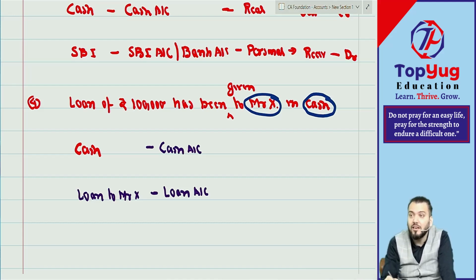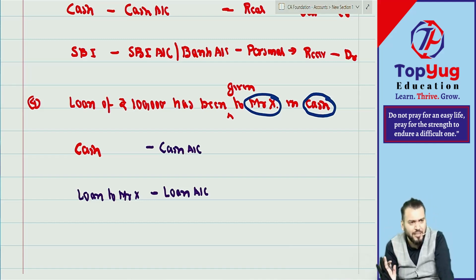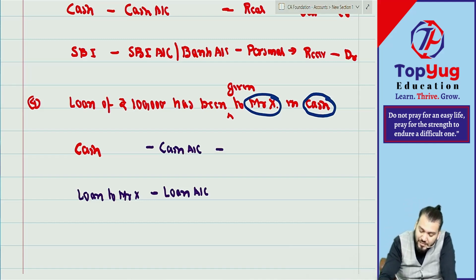You can open a loan account or Mr. X account also. Both are correct. But normally we open a loan account, so I am writing loan account. Or you can write loan to Mr. X account also. That is your choice. Loan account chalega? Yes, sir. But the cash is what? Real. But the rule is what? Debit what? Credit what? So is cash coming in or going out?